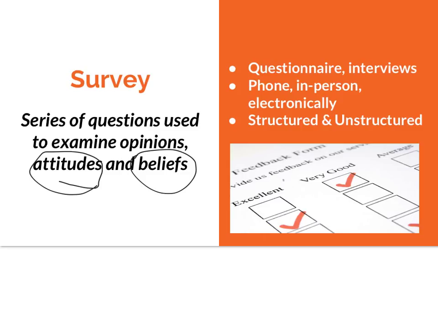So because we cannot observe them in an empirical sense, we ask people to self-report, to describe how they feel about something or about somebody or about anything. So with surveys, we rely on people's self-report because what other way can we observe an attitude, right? And that's precisely why they can be limiting, and we'll see that as well.